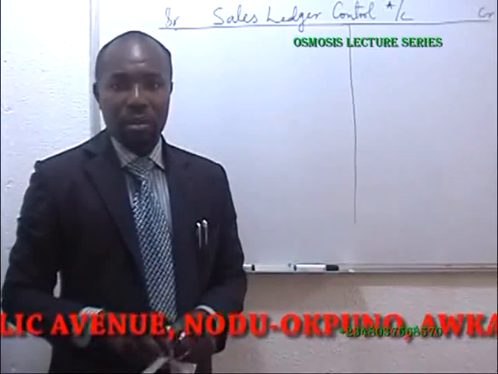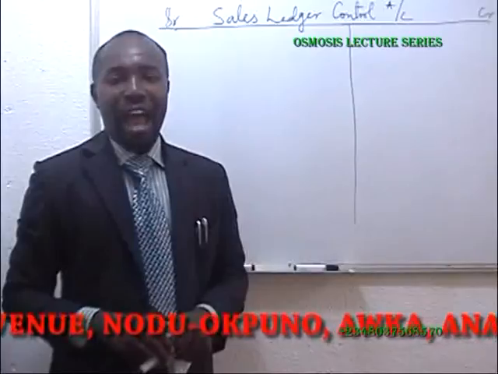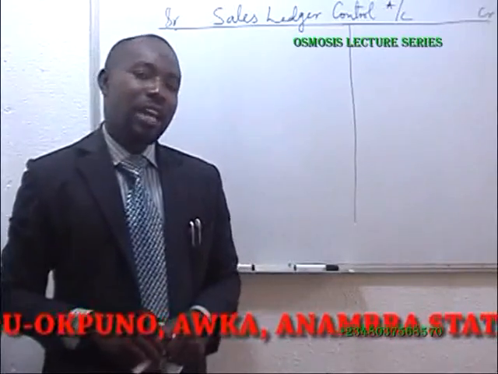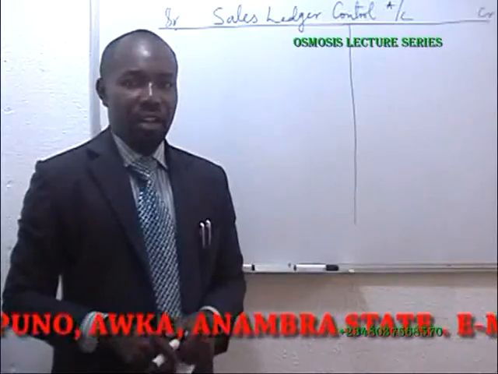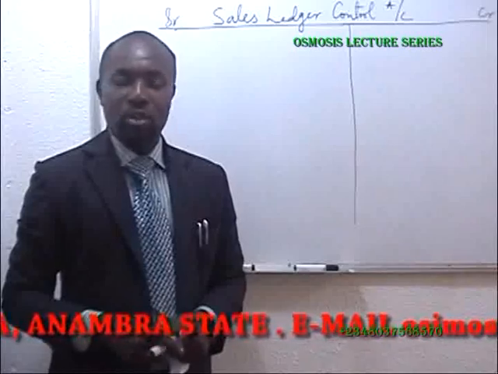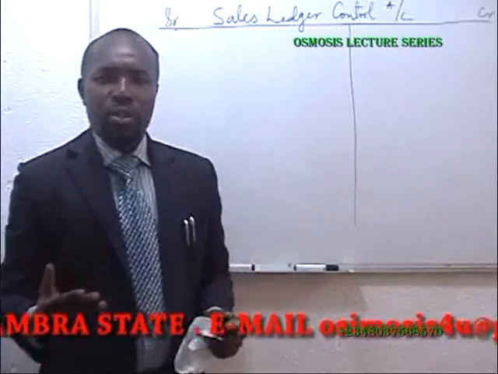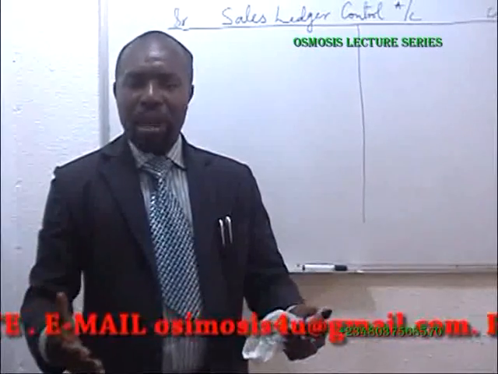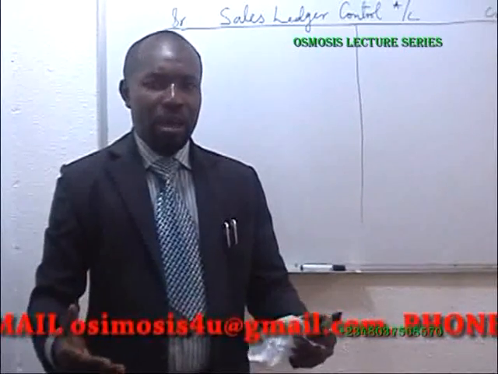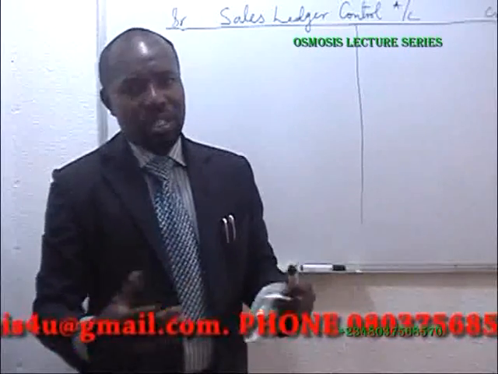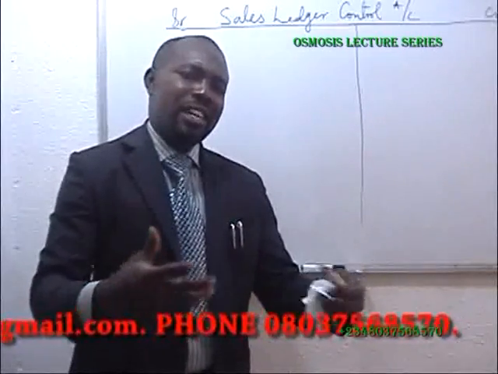Are you following? So we shall now look at the items that we have on the debit side of the control account and the items we have on the credit side of the control account. On the debit side of the control account, let's take it this way. After you have recorded all your debtors, by the end of the month, you carry them down. At the beginning of any month, you will say balance brought down, because you are no longer writing the names of your debtors.